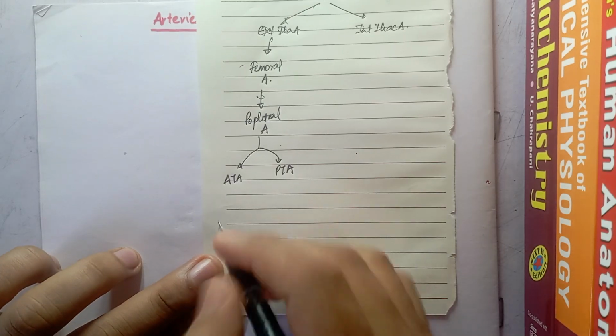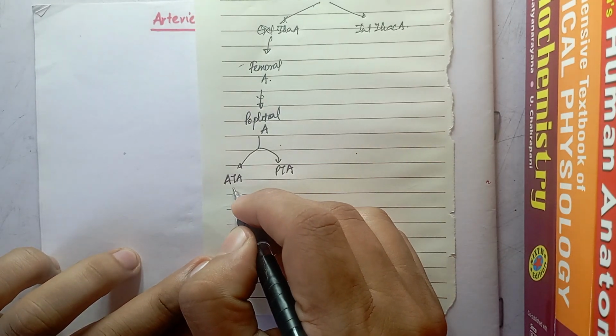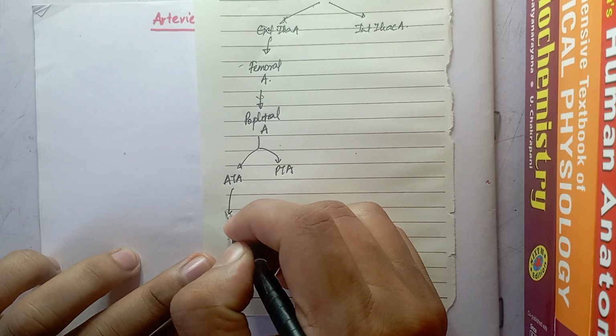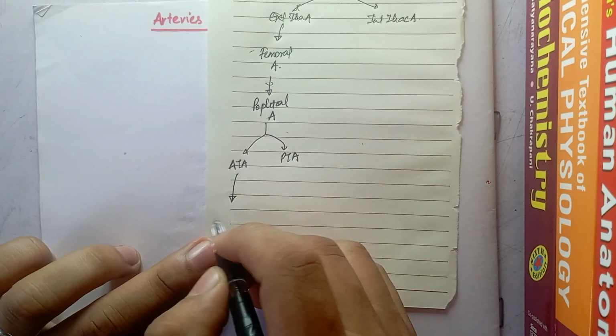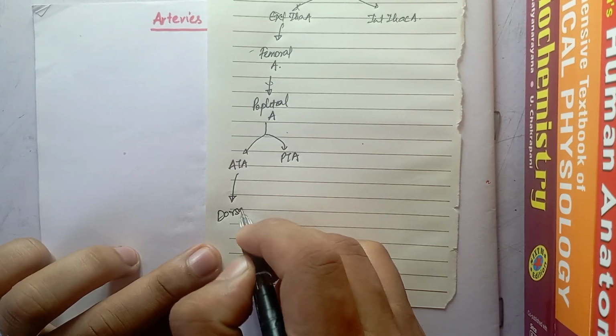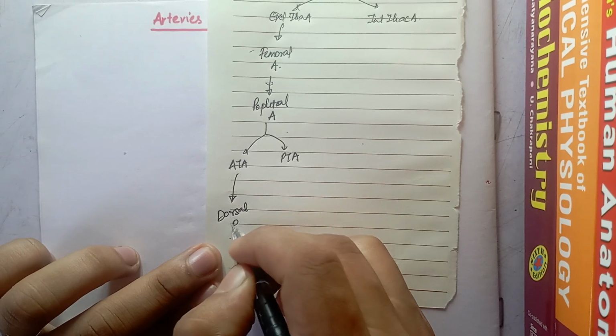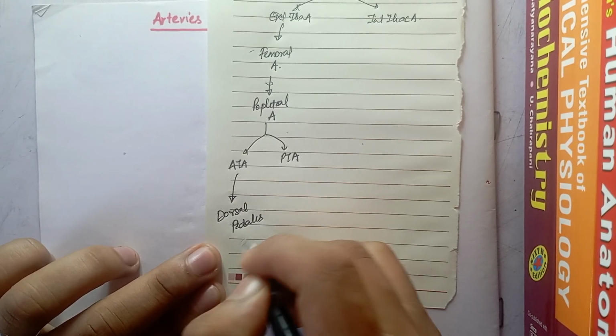The anterior tibial artery, as it moves further down its course at the imaginary line joining the two malleoli, will be called the dorsalis pedis artery.